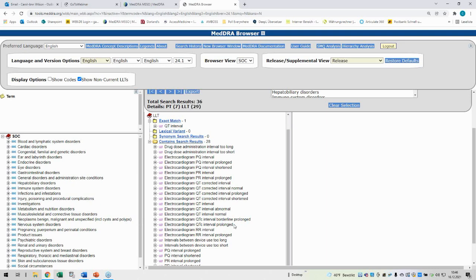This is done by calculating the corrected QT interval, the QTc interval, using the Bazett formula. The QTc value is more meaningful in a clinical sense and therefore more relevant for assessing the relevance for the patient. And it is worthwhile to make this distinction when coding as well.